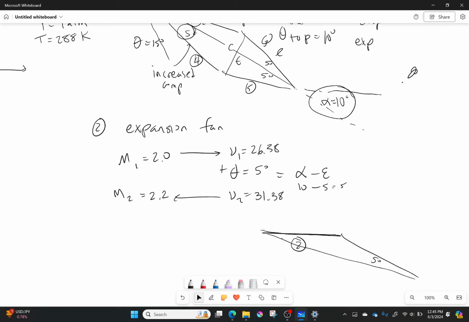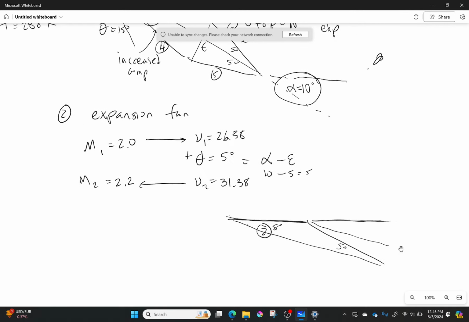Okay. Perfect. So that one right there is 5 degrees. That looks nice. Now I want to find out what this angle is right here. And your first thought might be, it's going to be 5 degrees too. That would be what it was if I had it perfectly parallel to the chord line. But I don't have it perfectly parallel to the chord line. I do not at all.